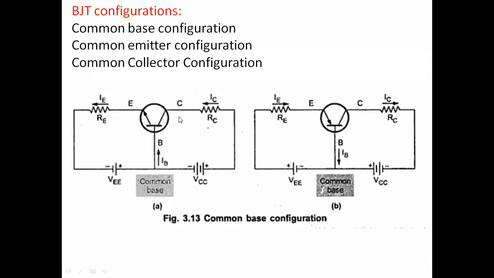So while maintaining VBC or VCB voltage constant, we can increase the VBE, and according to that, how the IE current changes should be recorded. We can increase from 0 to some value of voltage, and for that we can draw the graph. That represents the input characteristics of this transistor.